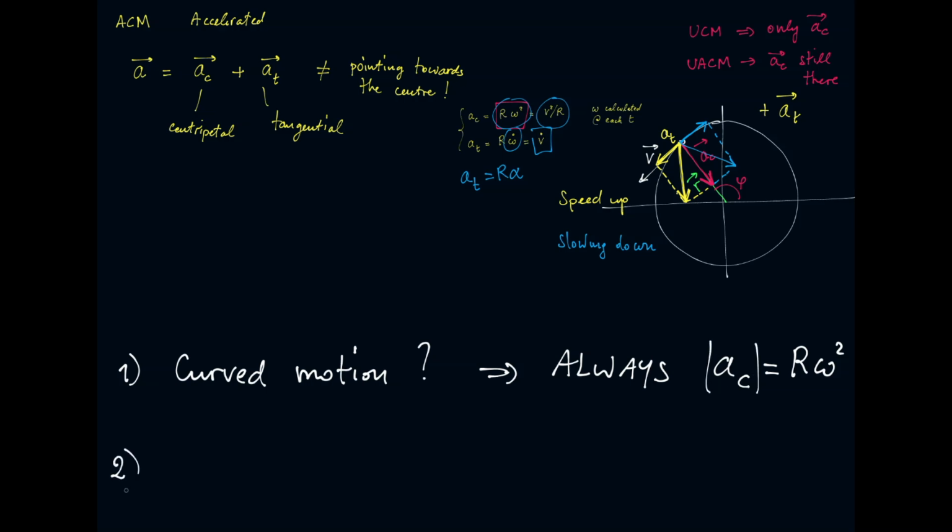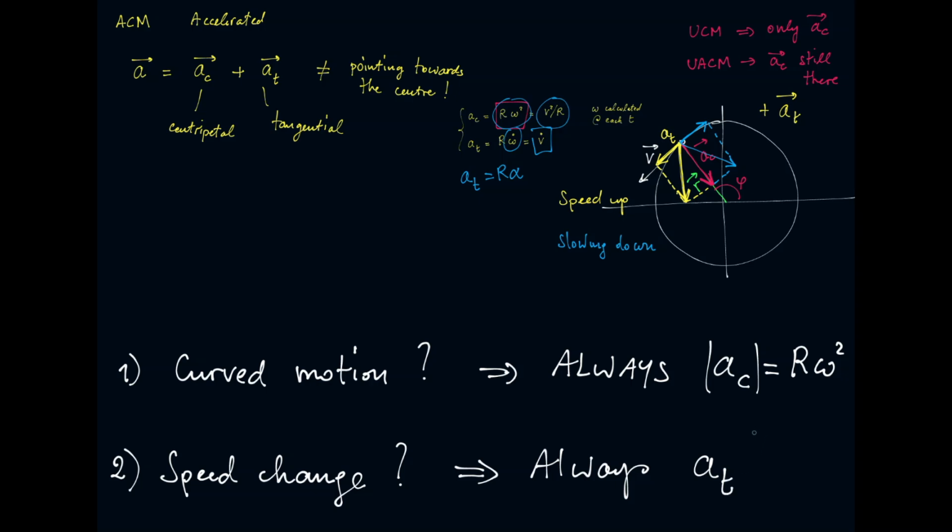Always. Where r is the radius of curvature of your motion. Does the speed change? Then you always have a tangential component, and this is simply v dot, or for circular motion, r alpha. And careful, v dot is not only acceleration, it's the rate of change of speed.